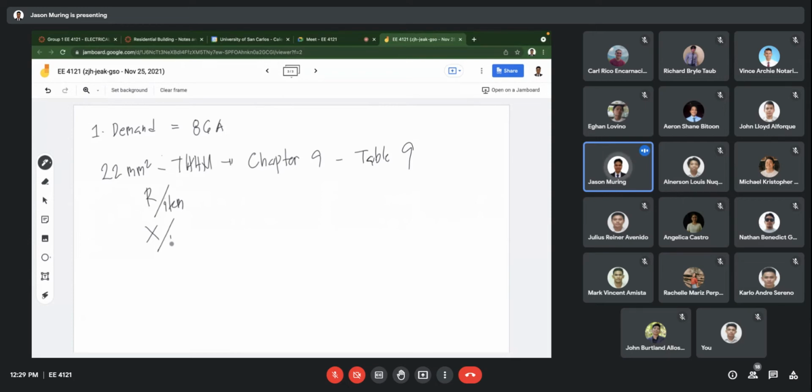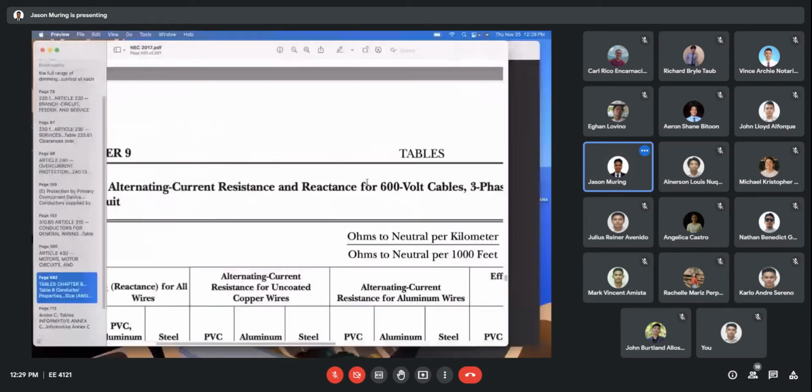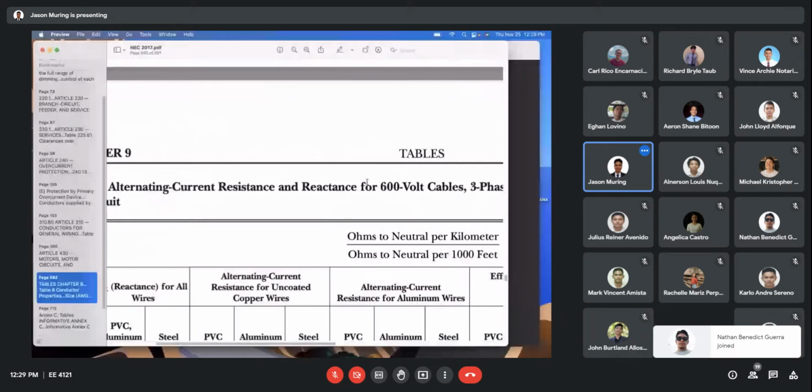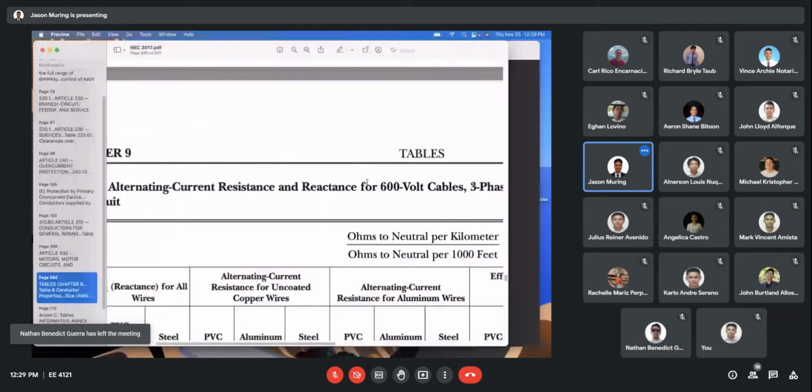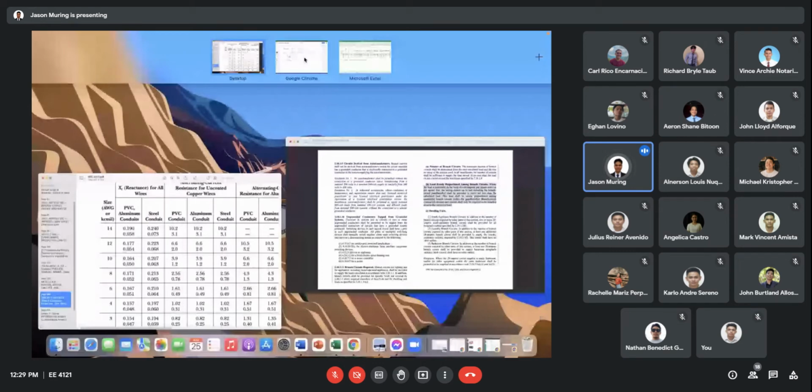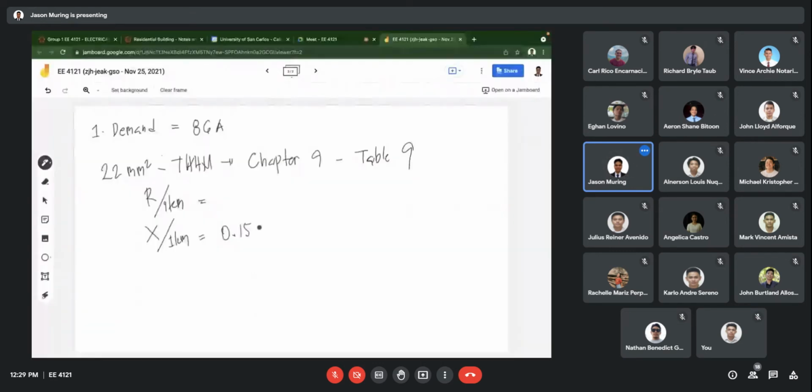So again, the first value is per kilometer, then the second value is per 1,000 feet. So that is my XL, 0.157 ohm per 1 kilometer.